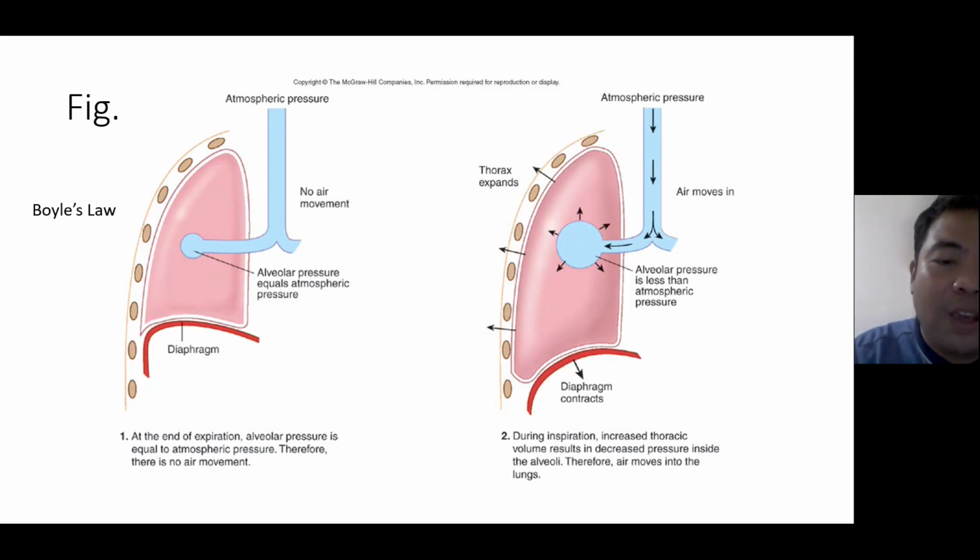At the end of every expiration daw, sa dulo ng pag-exhale natin, the alveolar pressure or the intrapulmonary pressure, yung pressure sa loob ng baga natin, is equal to the atmospheric pressure. Ibig sabihin, pantay yung pressure ng hangin sa atmosphere, sa labas, hangin sa environment natin, at saka yung pressure sa loob.